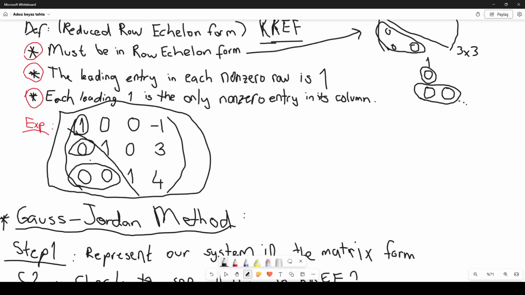Okay, and the second row is also a non-zero row because there are values different than 0. The leading entry, the very first element which is not 0, is 1 again. So the leading entry is 1 in this row as well. How about the third row?